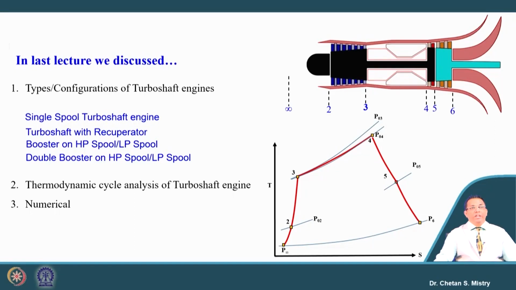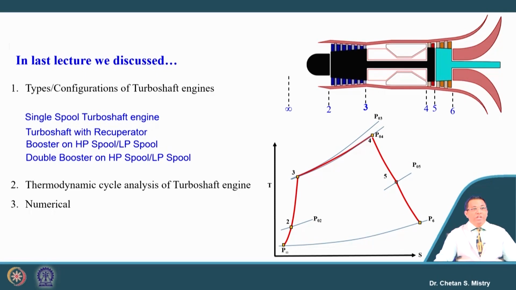Before going into the next approach, we must realize we initially discussed the turbojet engine, where we discussed single spool configuration, then continued with the 2 spool engine, then the operation and non operation of afterburner for the turbojet engine.